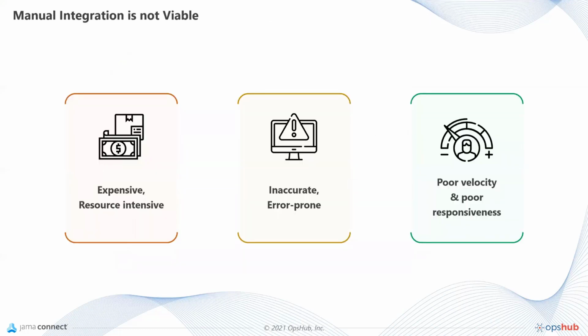And so when we think about the manual piece a little bit deeper, if you're trying to maintain this data connection between different best-of-breed tools in the ecosystem, it's tremendously expensive on the organization. That's from a direct cost and also from an indirect cost standpoint.